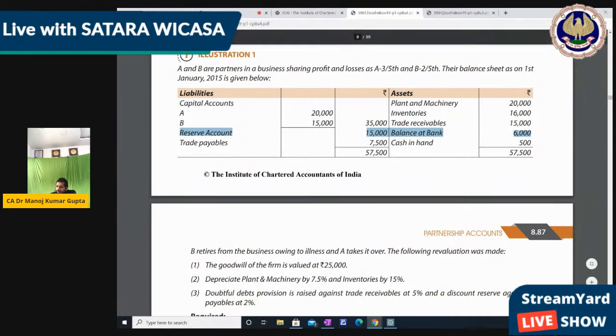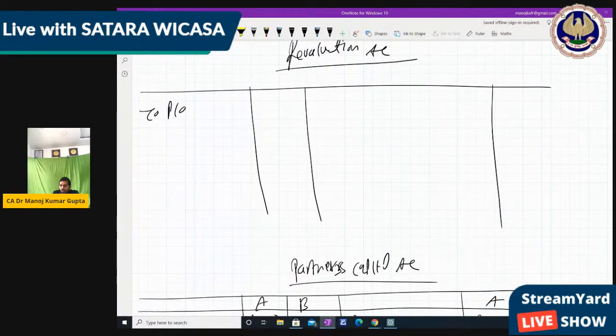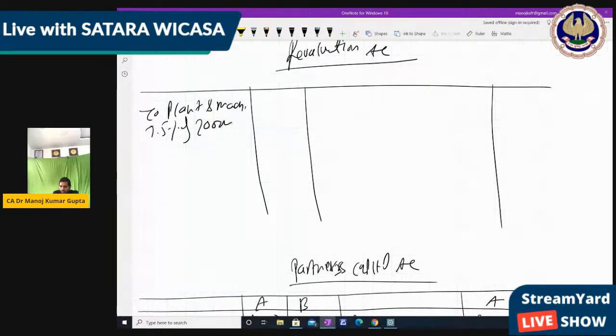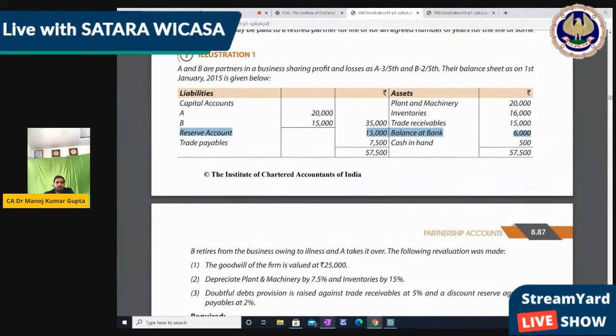Next, depreciation on plant and machinery, that is revaluation part. 7.5% on plant and machinery, 15% on inventory. Plant and machinery is 20,000, so revaluation debit is loss on plant and machinery, 7.5% on 20,000, and inventory 15%. Sorry friends.